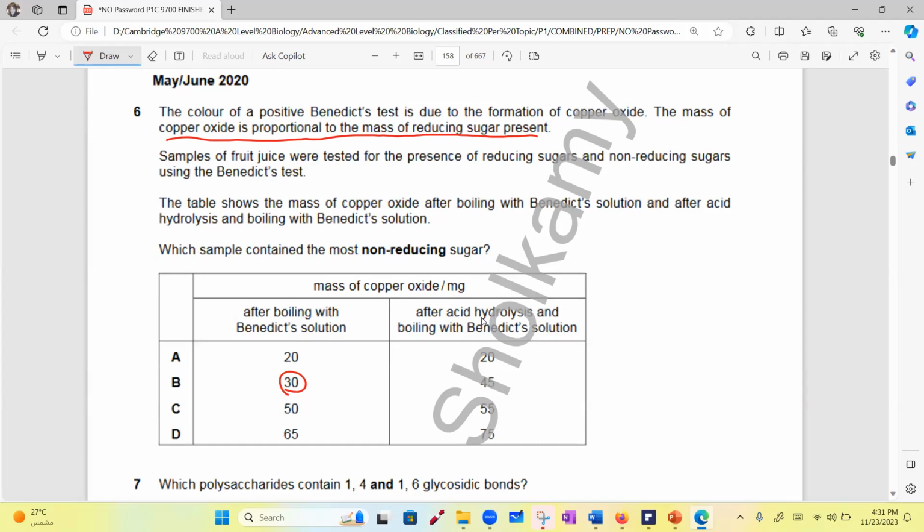And then I will find a total mass of 45. 30 milligrams of copper oxide were present at the beginning because of the reducing sugar. And then when I boil again with hydrochloric acid and do the Benedict test again, now the total mass is 45. So what was the mass of the non-reducing sugar?